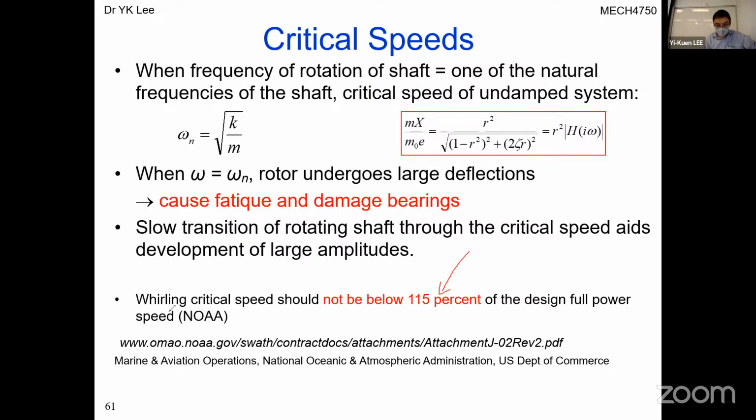So there are some recommendations from the industry. For example, NOAA recommends the critical speed should be below 150% of design full power. NOAA is the National Oceanic and Atmospheric Administration in the United States, so this at least gives you some reference for the design.